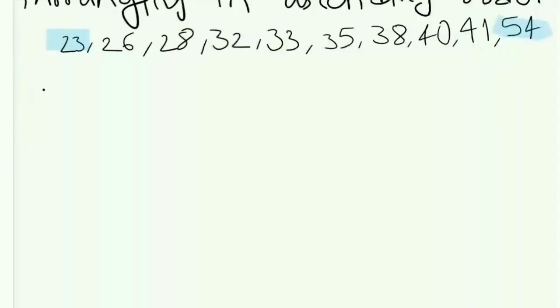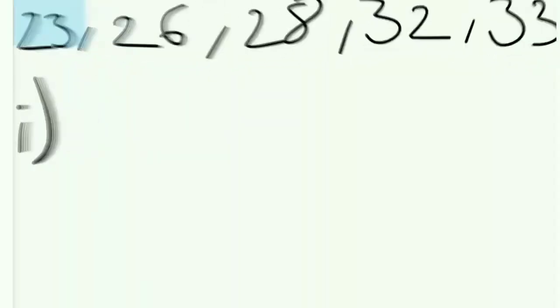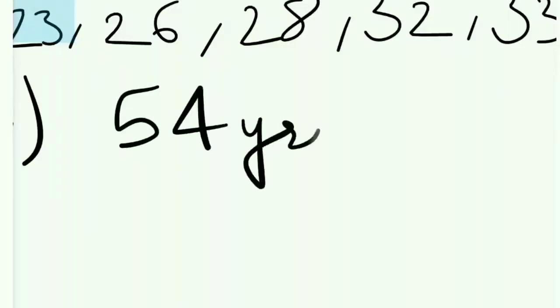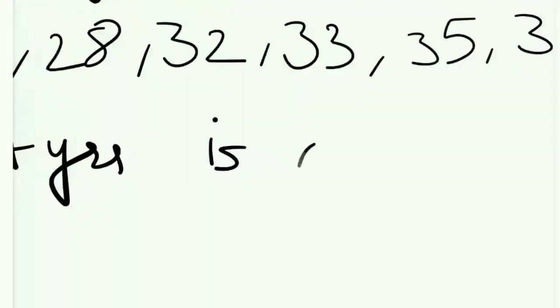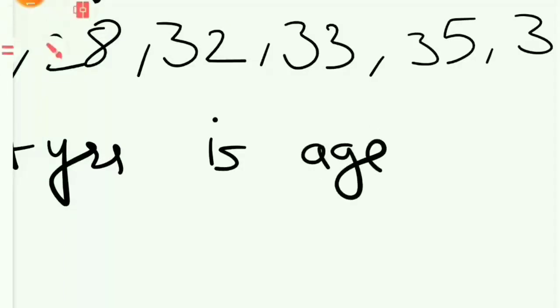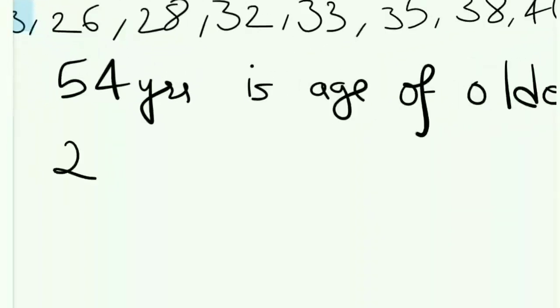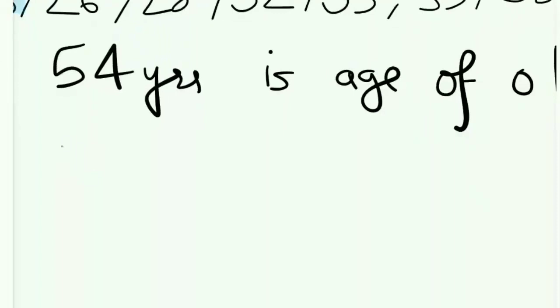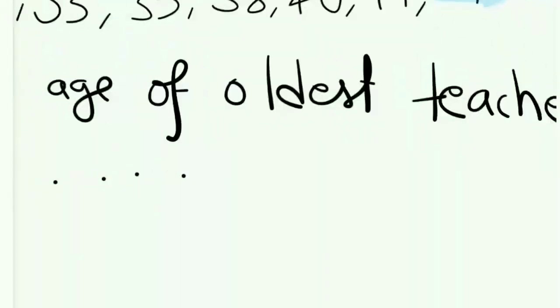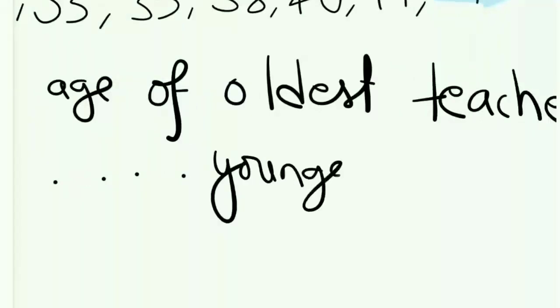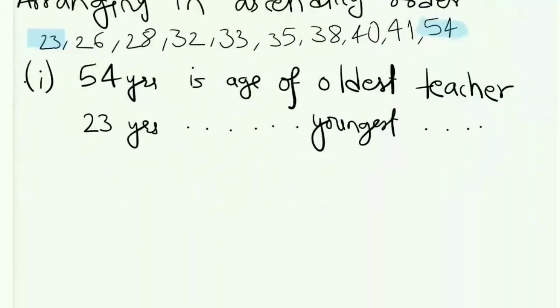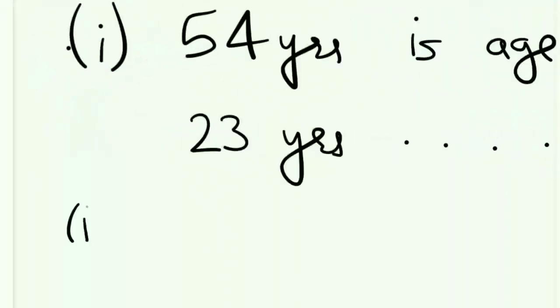Then we get the answer to the first question: 54 years is the age of the oldest teacher, and similarly 23 years is the age of the youngest teacher.